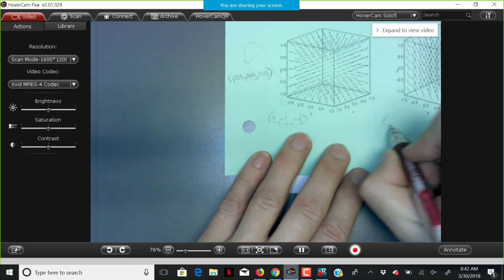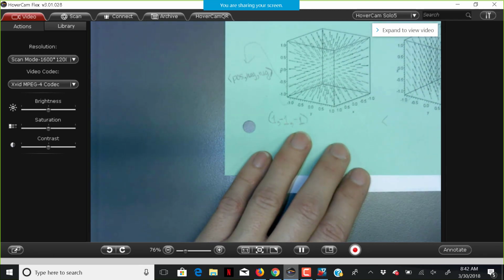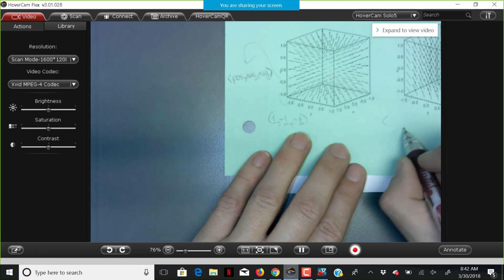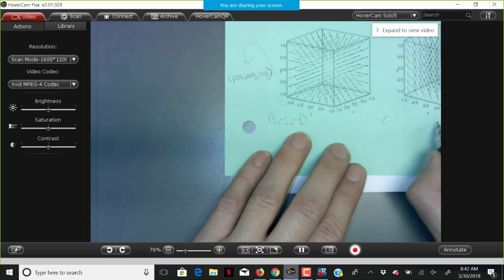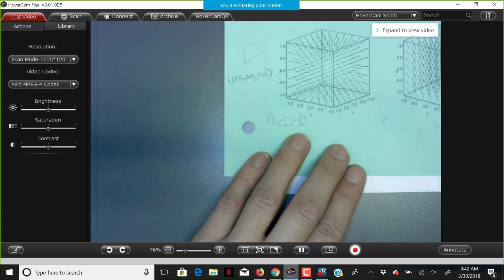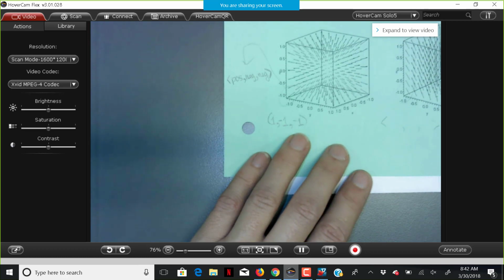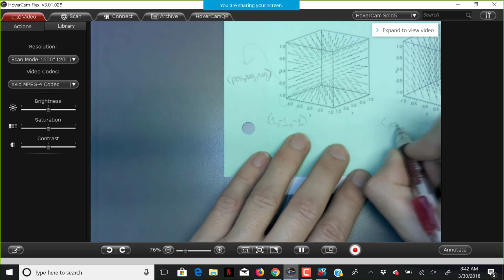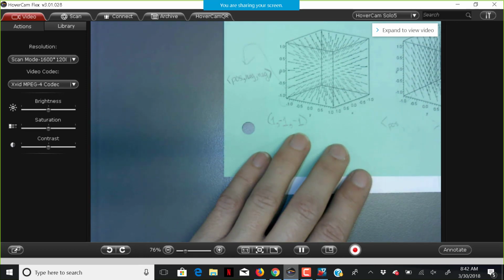And then the last one, what do you think about the first component? I have an idea, but it might not look the same to you. Do you think the first component looks like it should be positive or negative? I think positive. It looks like it's pointing forward to me. What about the middle component? Negative.